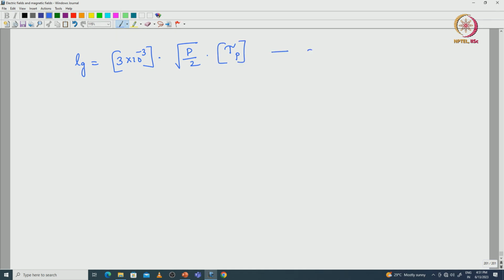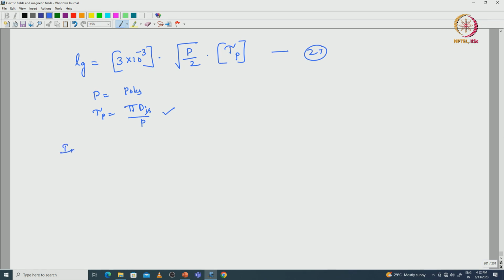This is equation number 27. Here p is the number of poles, and tau p = pi D / p is the pole pitch. Based on this equation, we can find the approximate air gap length.